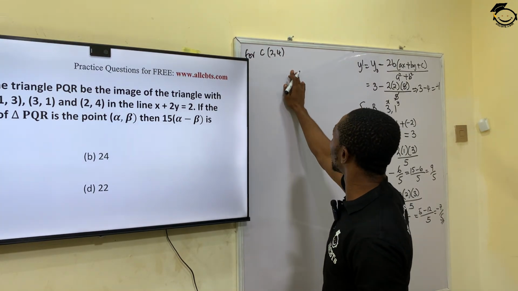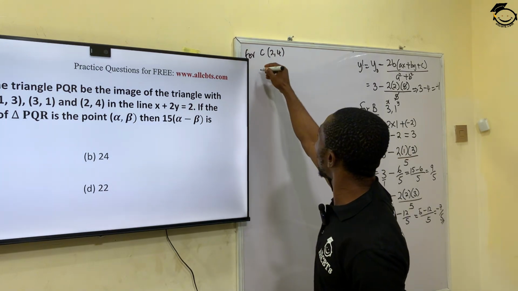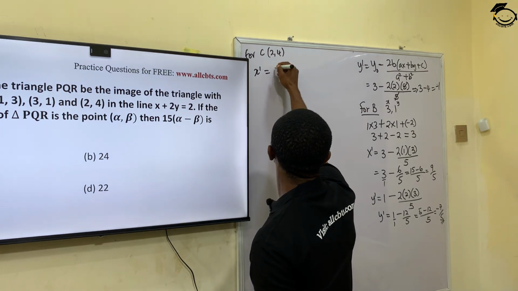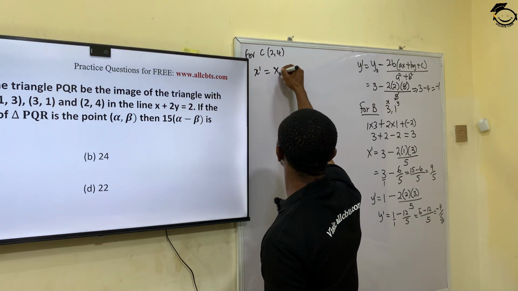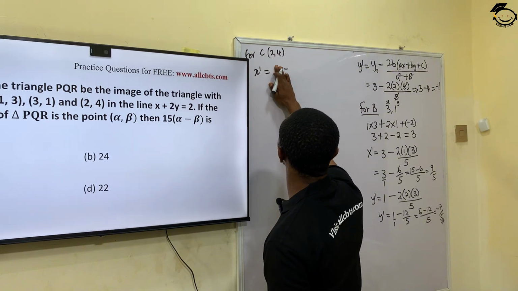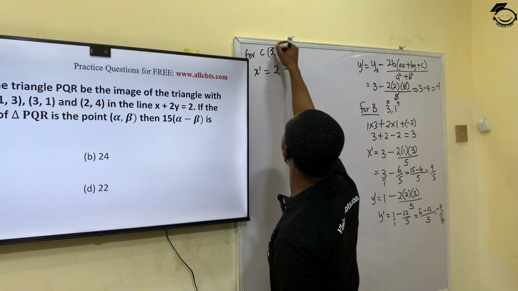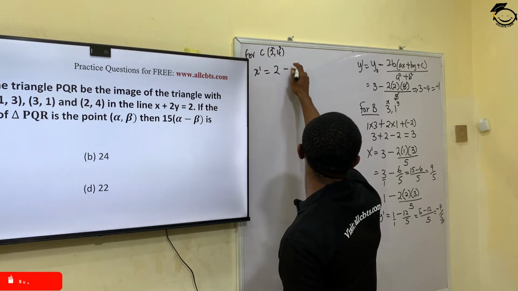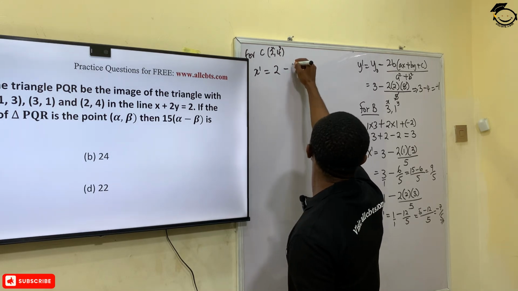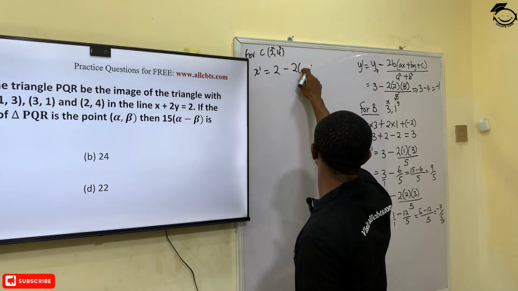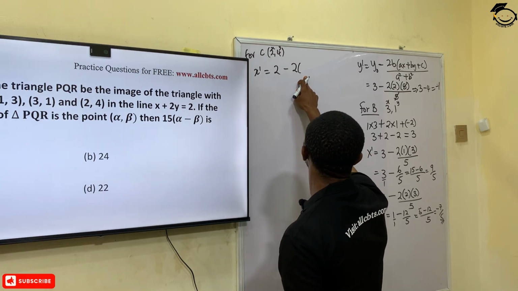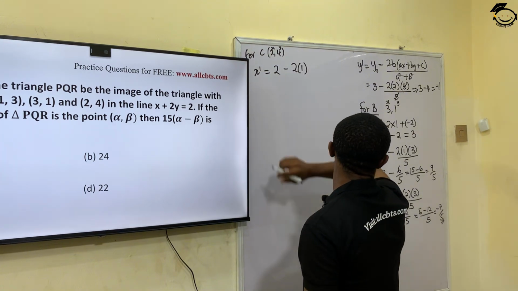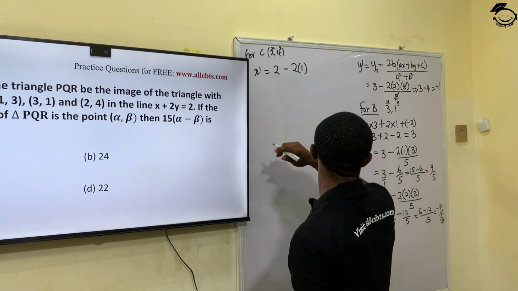So for C, we have it as 2 and 4. So our x bar would be x minus, our x will be 2, x and y, 2 minus 2 brackets, our a is 1, and our b.